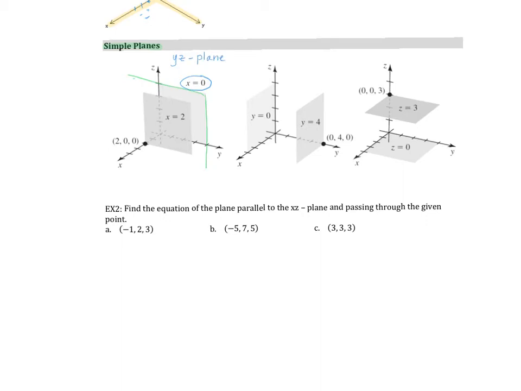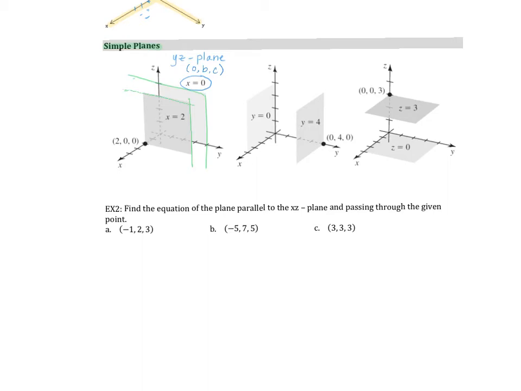Points in this plane will take the form (0, b, c). Remember, x is always 0, so y and z can be anything. Any plane parallel to the yz-plane will also be an equation with just x, because the x value is fixed. The y and the z can vary.